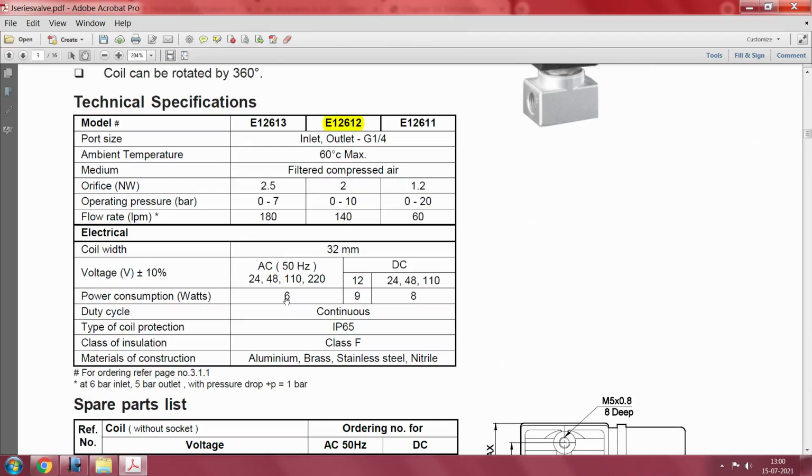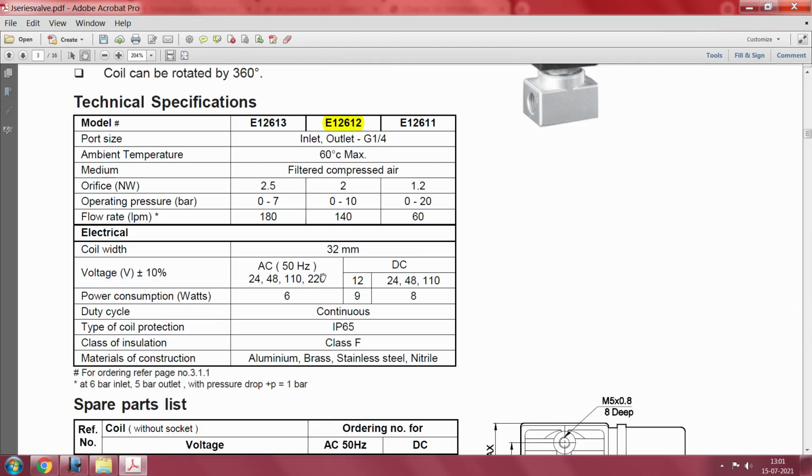So, you look up the technical specification, maximum temperature. Remember we did talk about the selection criteria and the technical specifications. Ambient temperature is mentioned here, it is 60 degrees, medium is filtered compressed air, and orifice is shown, operating pressure is shown, and 0 to 10 bar is the maximum it can control, and flow rate is 140 liters per minute.